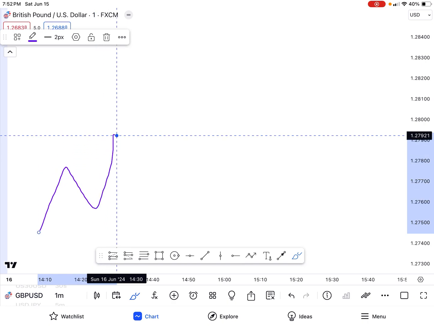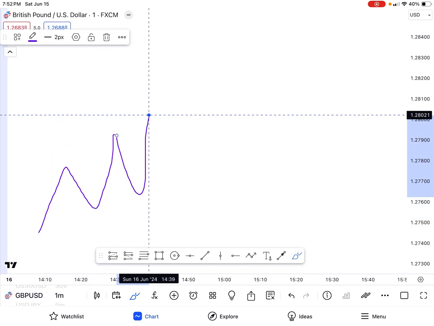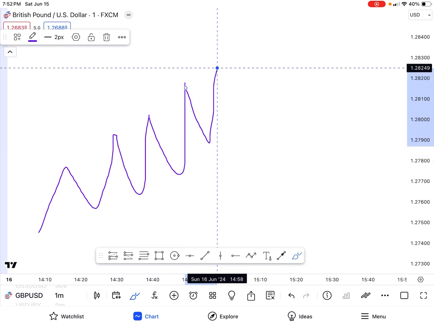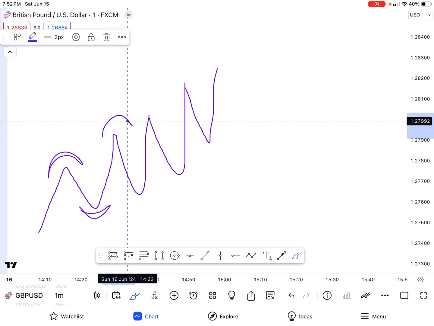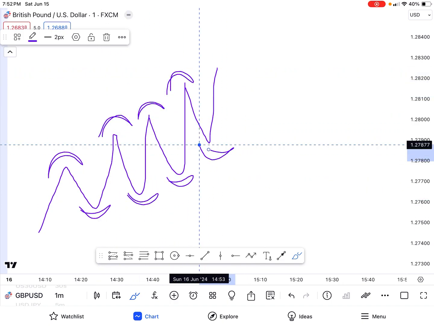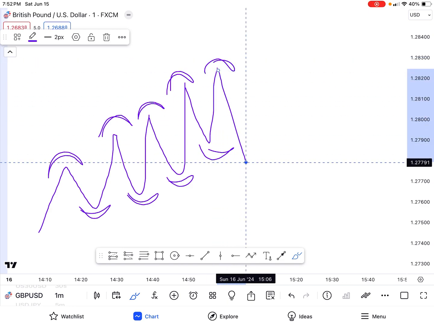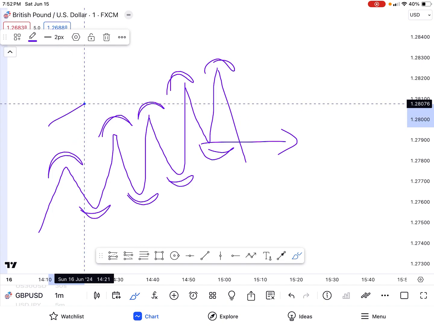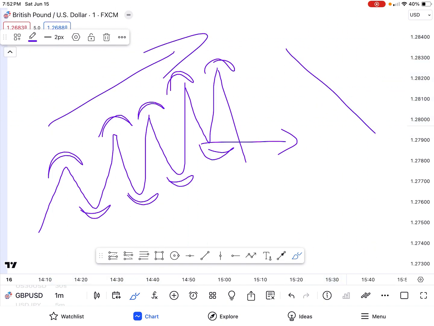And vice versa, in a buying market going to a selling market, you'll see higher highs, higher lows, higher highs, higher lows. Then price closes below the current higher low in market structure. This is now the first sign that the market's going to go from bullish to bearish.